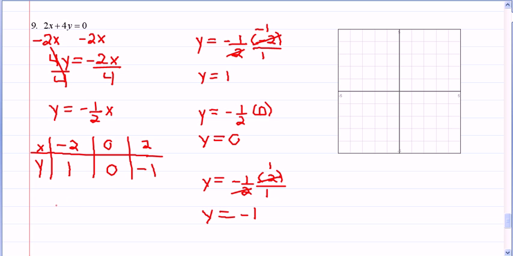So the 3 points that I want to graph are -2, 1, 0, 0, and 2, -1. So -2, 1, I go left 2, up 1, 0, 0 is just the origin, and then 2, -1, connect the points, and place the arrows at the end of the line.